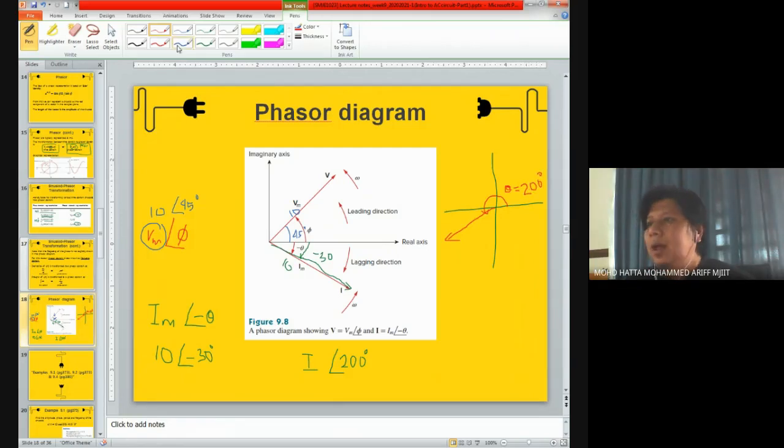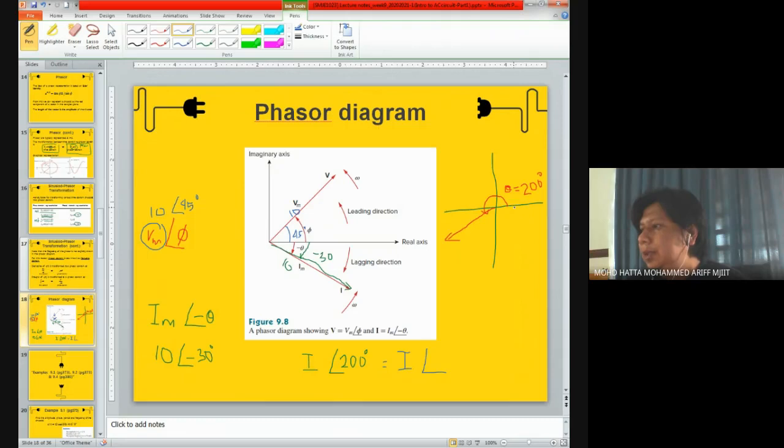I can also draw this vector like this, because this vector or this complex number can also be written as this. I with the angle of what? 200 over here.